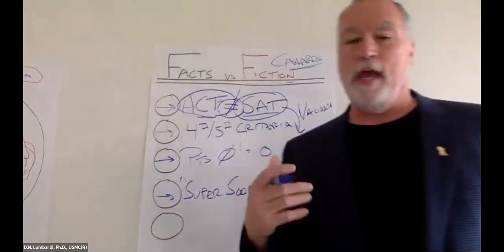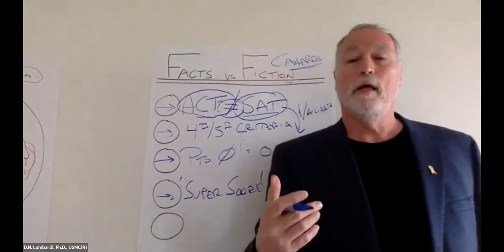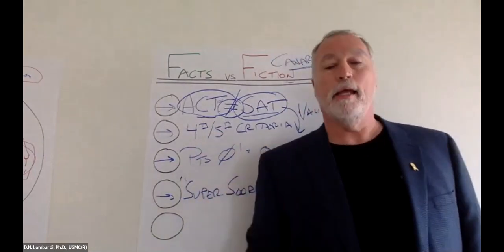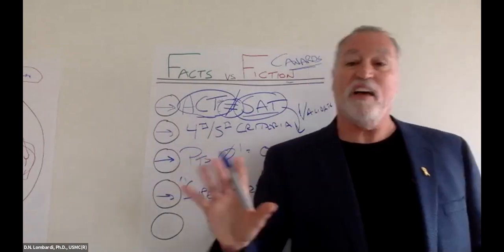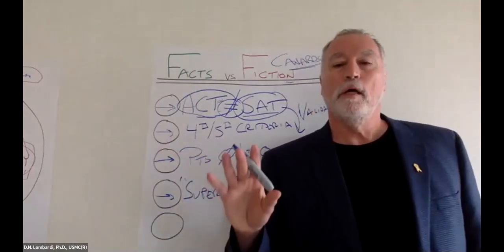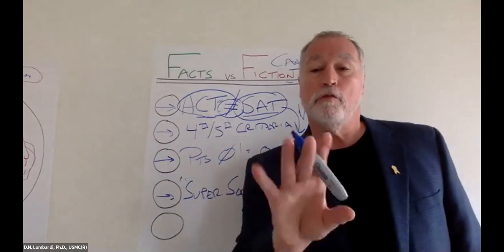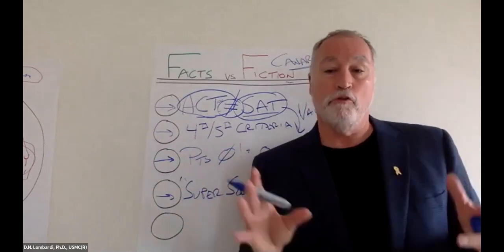Let me tell you about the idea of SuperScore. What that means is if you take the SAT once, then you take it again. Submit both tests. Let's say you take it twice. Submit both tests to the schools of your choice.